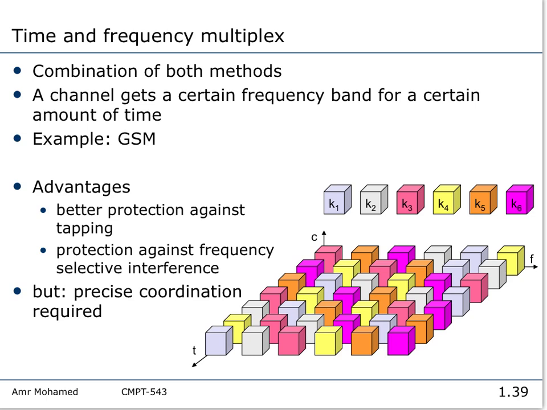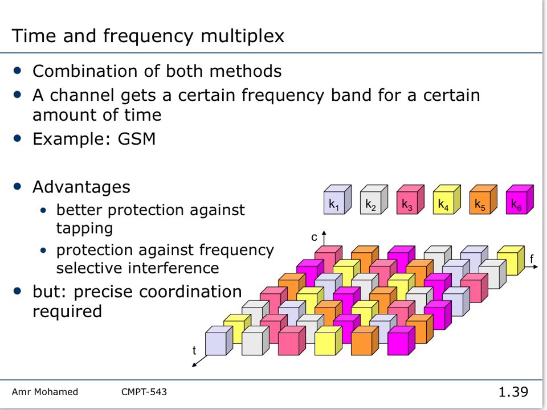So tapping means that I want to tap or listen to a particular user. So good luck trying to find this user in this whole grid of transmissions. Okay? So this technique, combining the frequency and time, has the feature of better protection against tapping.